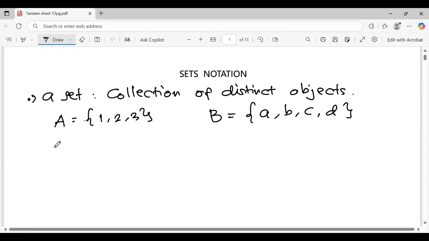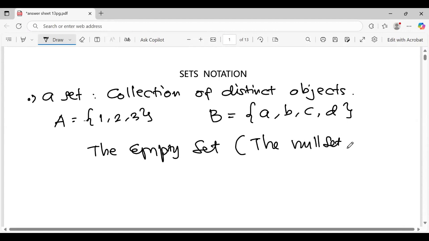The next topic is the empty set, or the null set. The symbol of the empty set or the null set, all mathematicians agreed, is like this, or you can write it like this.